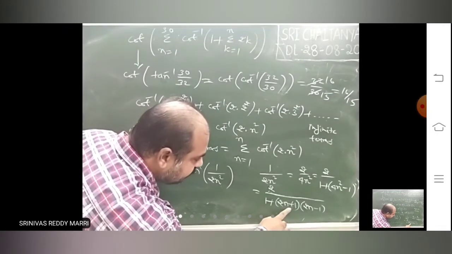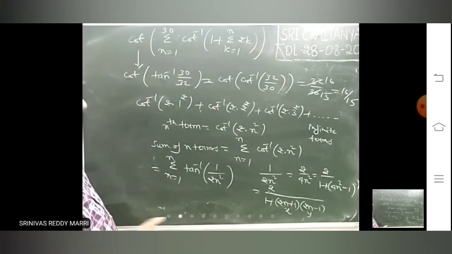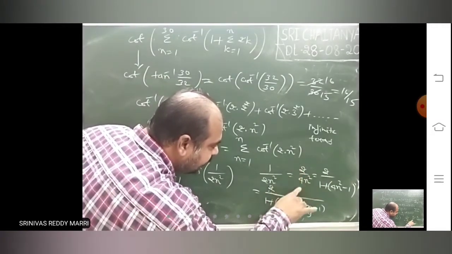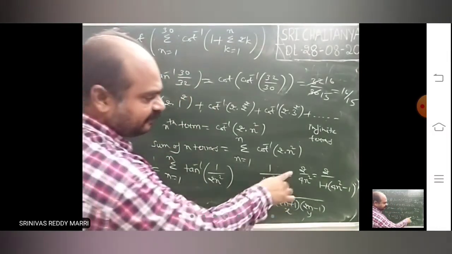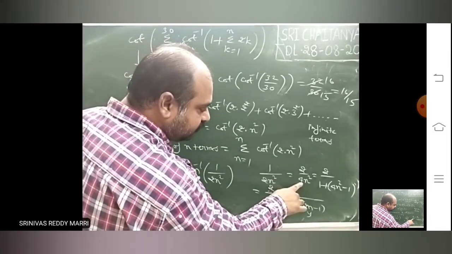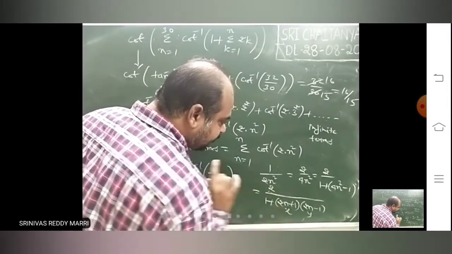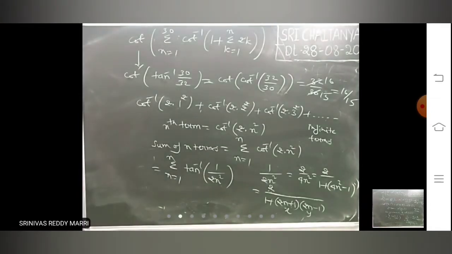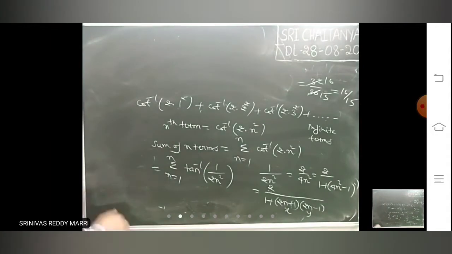Now look at here. This is x, this is y. Product is there. X minus y is what? 2. That's why first I have multiplied and divided with 2 for this reason. This minus this, x minus y is what? 2. So now the 2 I will write like this. The 2 I can write like this. Look at it.